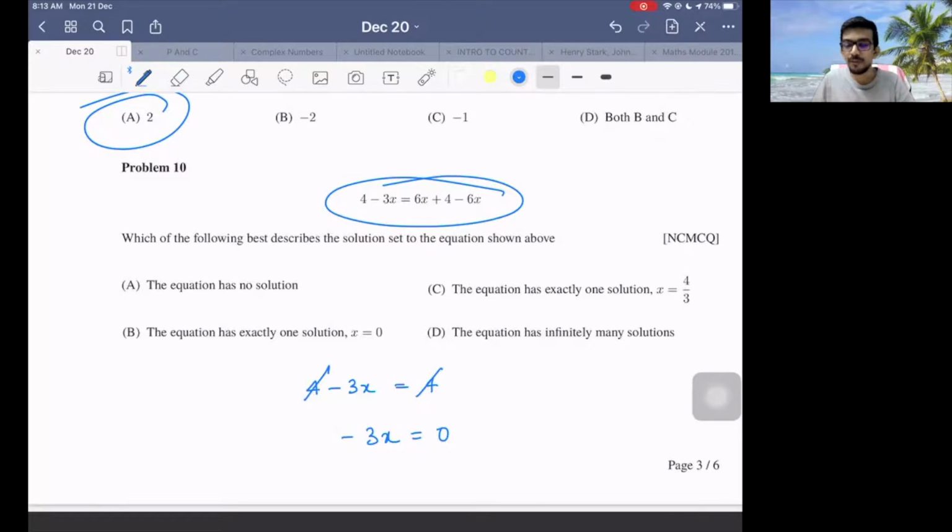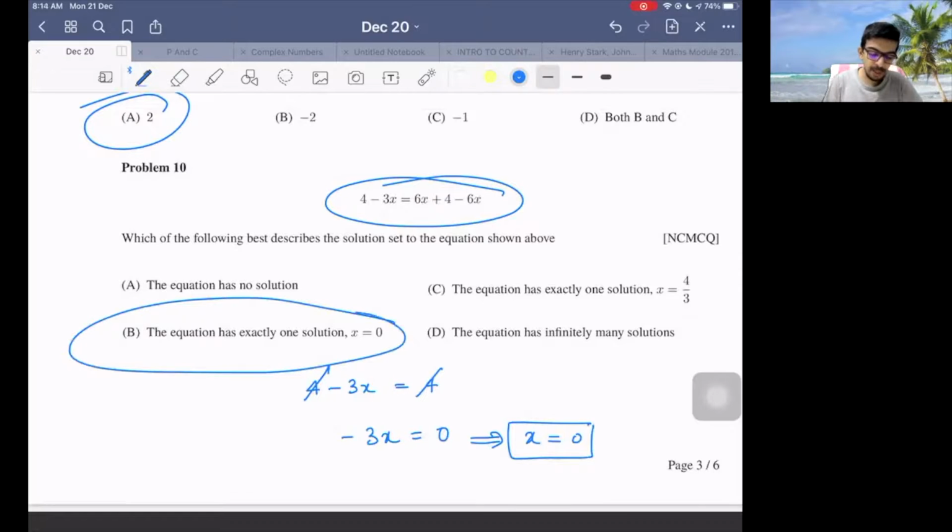You just cancel off 4 on both sides. Now you are left with minus 3x is equal to 0. Now immediately x is equal to 0 is the solution. So the answer is the equation has exactly one solution, which is x is equal to 0. Cool.